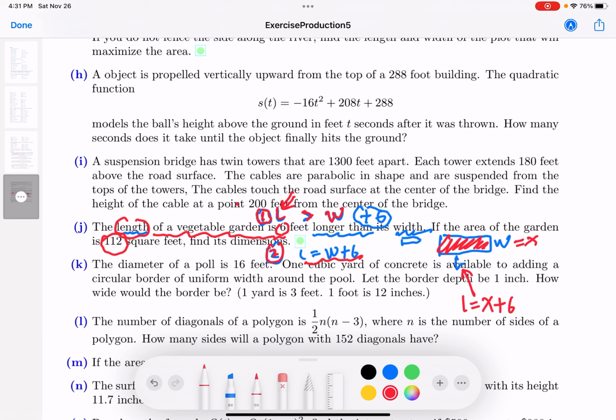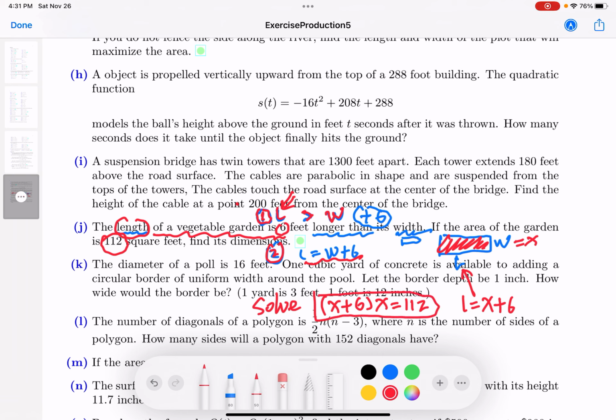So then here we know X plus 6 times X is 112. Now we have to solve this one. For this question, first you want to find this equation, and then you go to solve. So there are more steps.